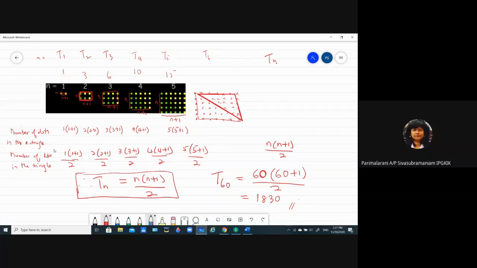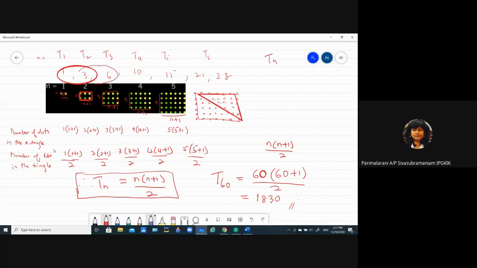But there's also another pattern here if you notice. If these are the triangular numbers, after 15 is 21, 28 and so on, right? So if you look, there's another pattern here. 1 plus 3 is? 4. 4 is a square number.